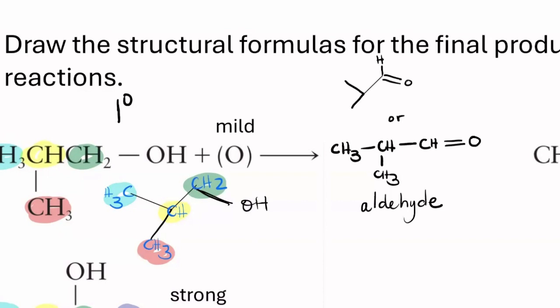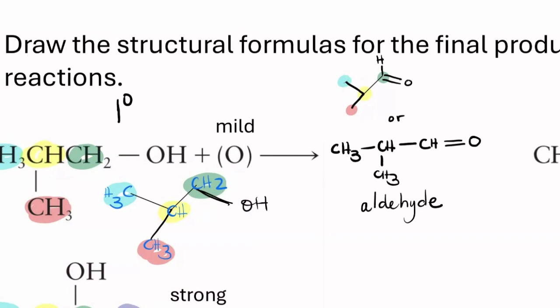Let me just add the highlighted atoms. So this is the carbon that used to be a CH2 and now it's a CH. This is the one that remains as a CH. This is one of the CH3s. This is the other CH3.